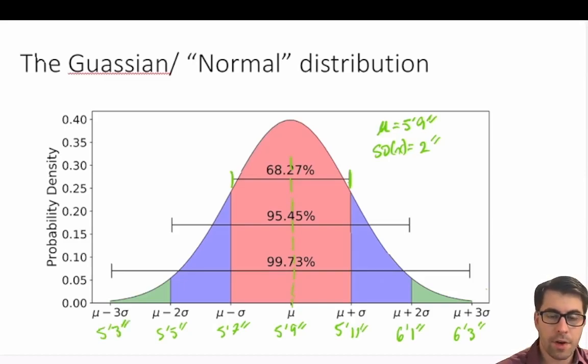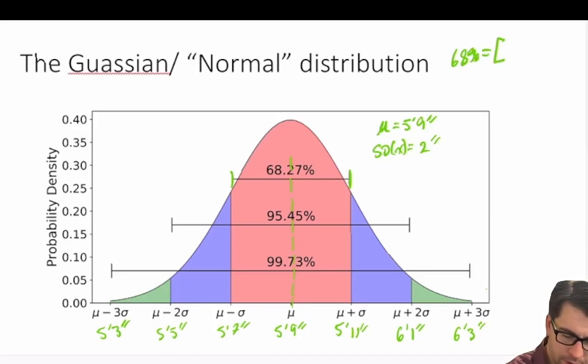So now that we have our standard deviations mapped against our normal distribution here, what can we conclude? Well, we can say that 68% of our population is between 5'7" and 5'11".